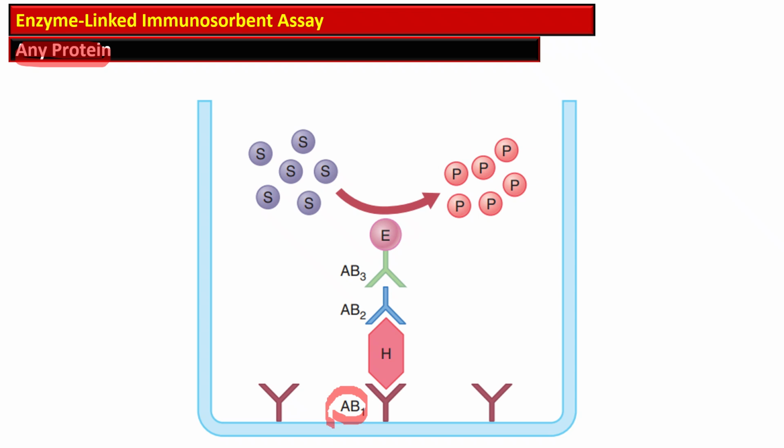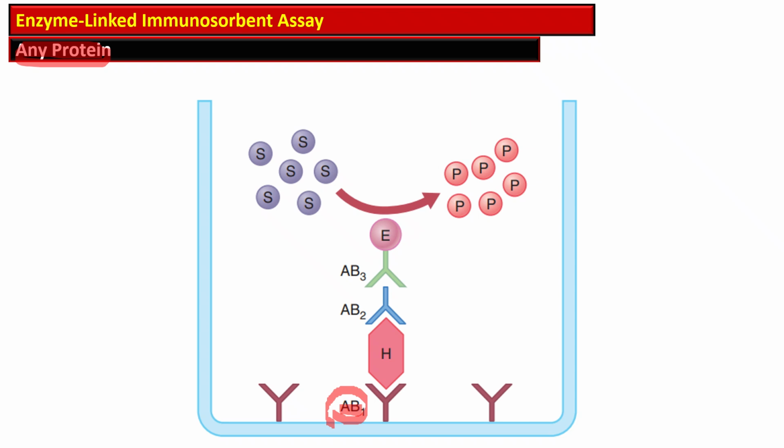Here it is antibody 1. This is the capture antibody and it is coating the well, and this antibody 1 is specific to the hormone that is to be tested.